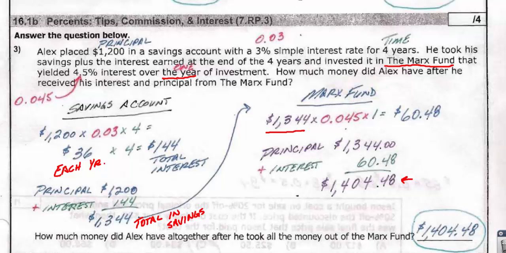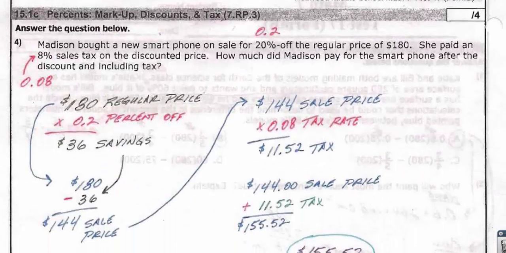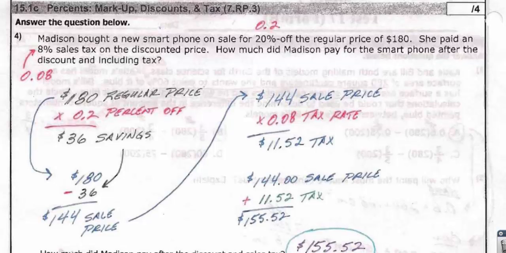On to problem number 4. We're doing percents now, discounts, markups, and taxes. Madison bought a phone, 20% off, so 0.2. Paid 8% tax, 0.08.